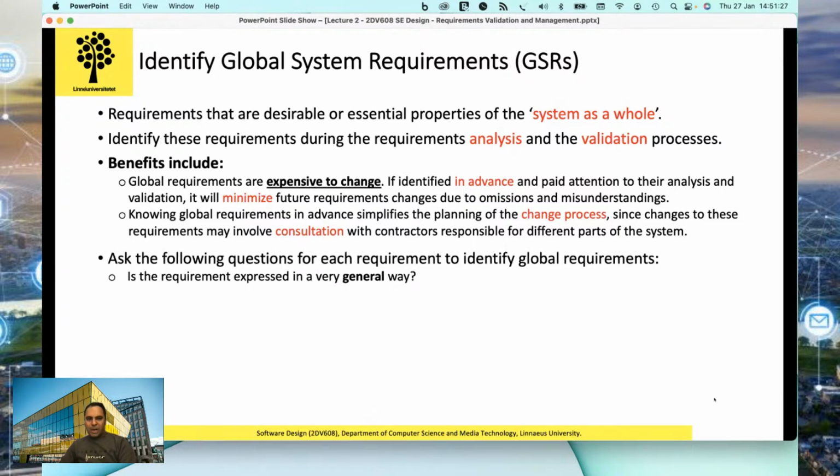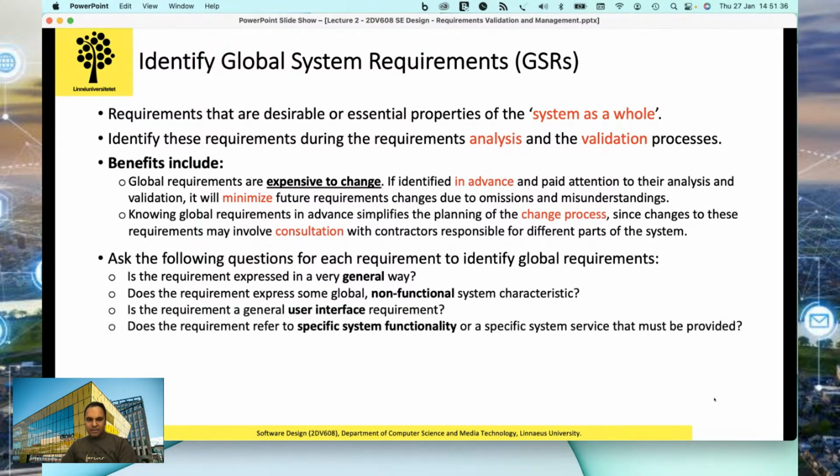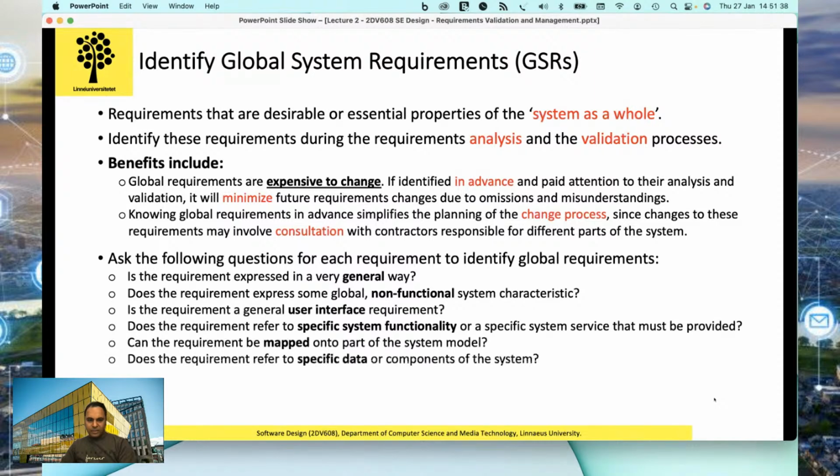To identify global requirements, again, you can come up with some sets of questions. I think there are 6 questions, and some of the questions could be answered yes, and some can have no answers. For example, the first question says, is the requirement expressed in a very general way?